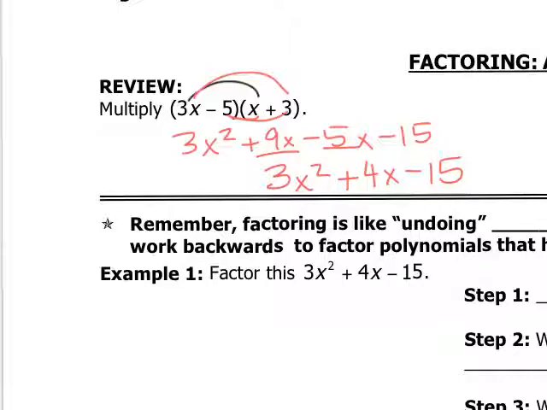So remember, we've been practicing a lot of different ways of undoing distribution and double distribution. But to this point, we haven't looked at any problems with a number in front of x squared that we couldn't get rid of. So let's look at what we've done up until this point. We've done problems like x squared plus 7x plus 12, where there is no number out in front of x squared.